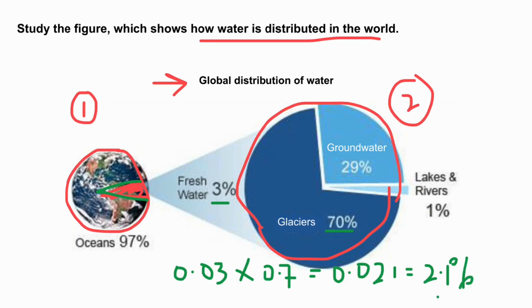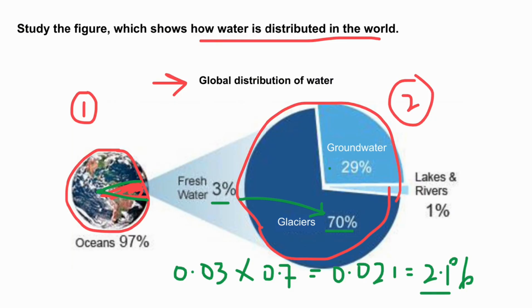So glaciers only constitute 2.1% of the entire world's water. Okay, but glaciers are 70% of fresh water. So notice the difference in wording. 70% of fresh water, but 2.1% of the entire Earth's water.